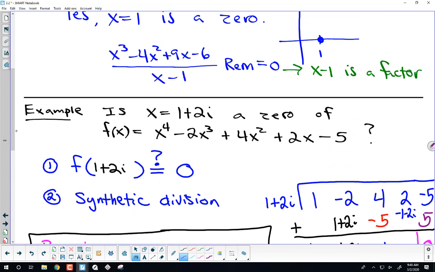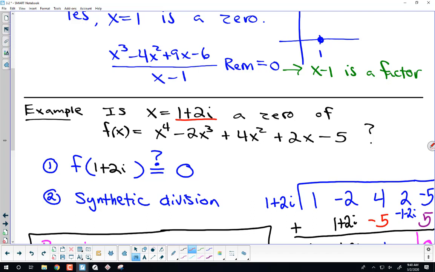That was our first option here. We could use the remainder theorem, and we opted not to plug 1 plus 2i in for all these x's. Normally, if we're given this problem, we're the ones coming up with what we plug in, right? No, what you plug in is given. If this is a 0, then we should plug that in if we're testing whether or not that thing's a 0.